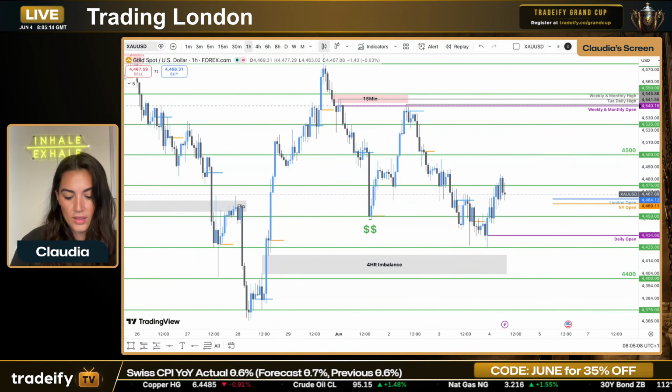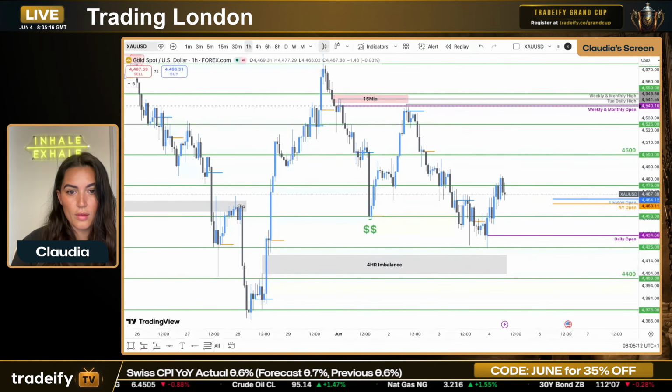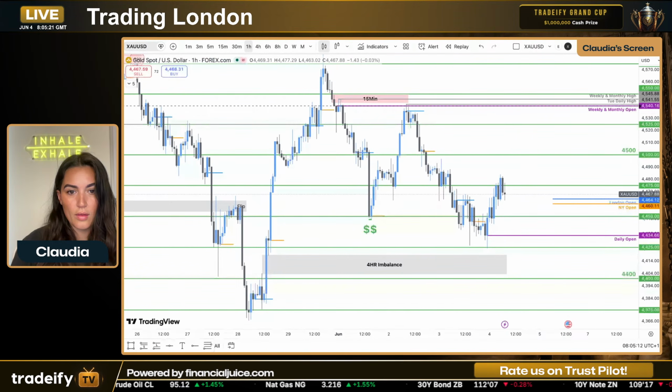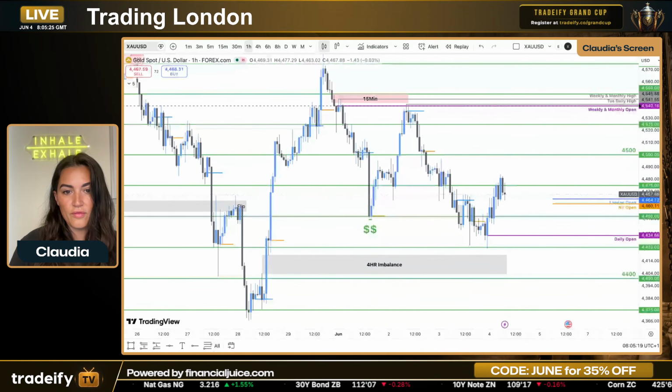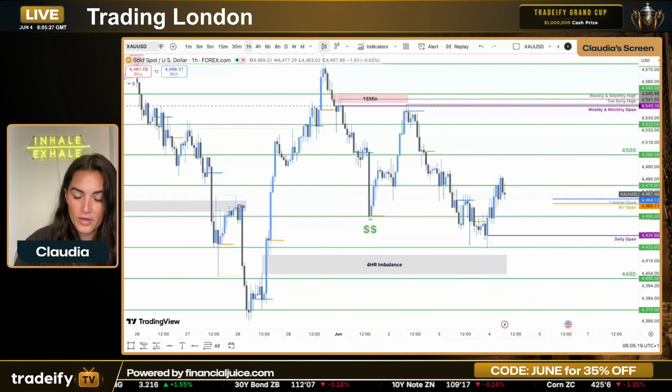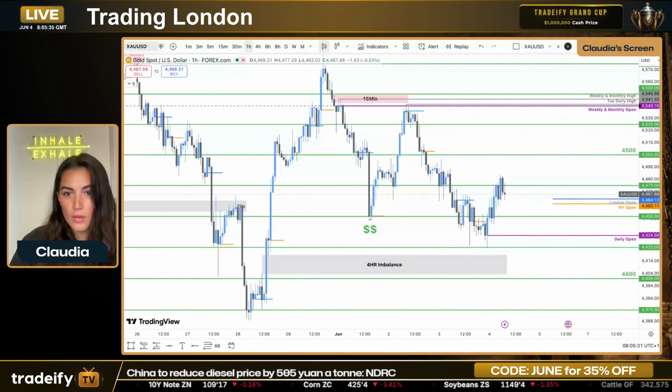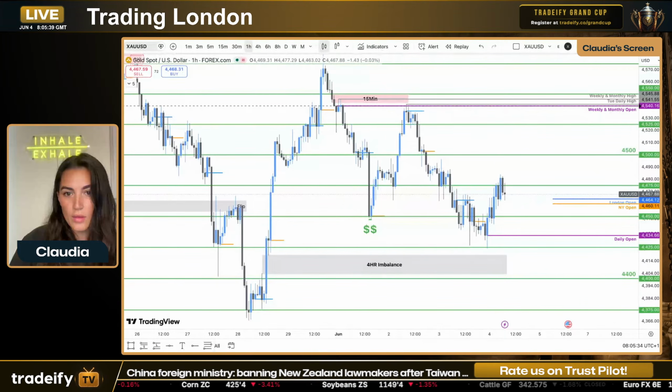I'll start with 4,000: 4,000, 4,025, 4,050, etc. That was on a higher time frame. Then 4,400, 4,425. So it's every 25 points that I like plotting these green lines.